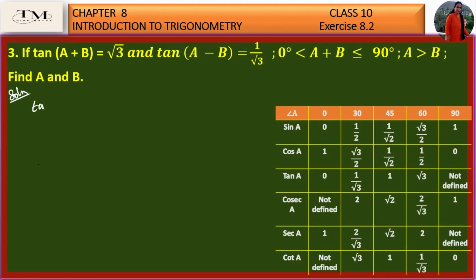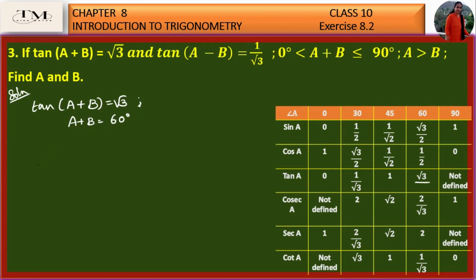It is given that tan(A plus B) equals root 3. Whose value is root 3 in tan? It is here, its value is 60 degree. So for 60 degree, tan is equal to root 3. It means A plus B will be equal to 60 degree.